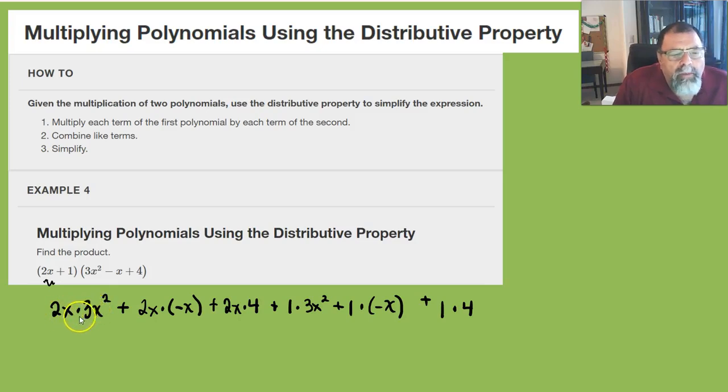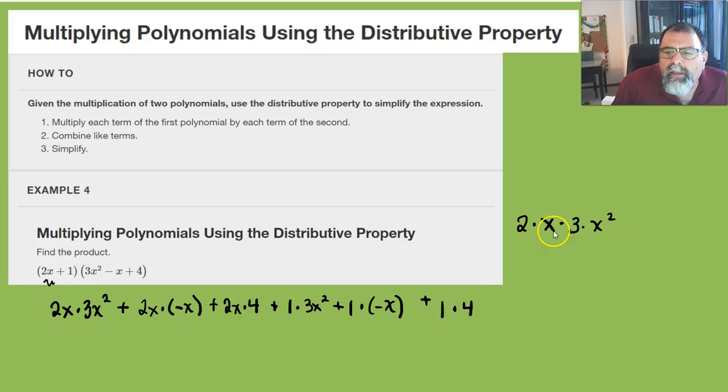Now, when we call one term, it's called a monomial. So if we do a monomial times a monomial, it's just all multiplication. Multiplication is commutative and associative. So 2x means 2 times x. 3x squared means 3 times x squared.